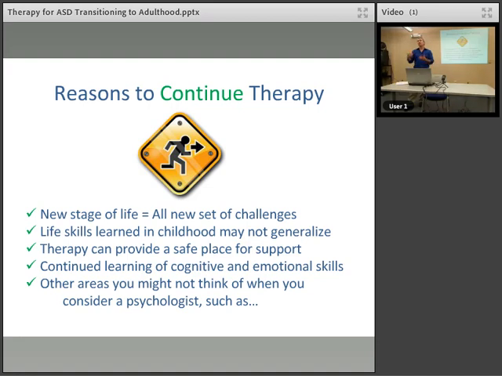Once they've got a relationship with somebody that they trust really well, a lot of times these times of transition can really be softened by having continuation with that person, even on a semi-regular basis. They can come in, and even if it's just venting to unload some of the stress that's going on, a lot of times that can be really useful. There's a need for continued learning of cognitive and emotional skills. We're going to get into some of that in a little bit.